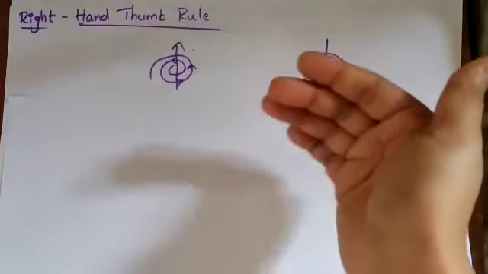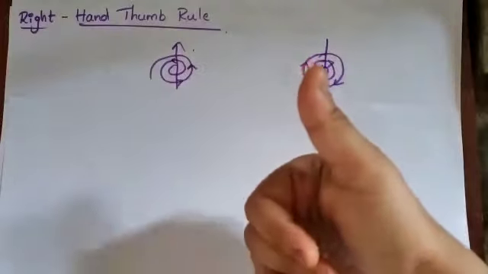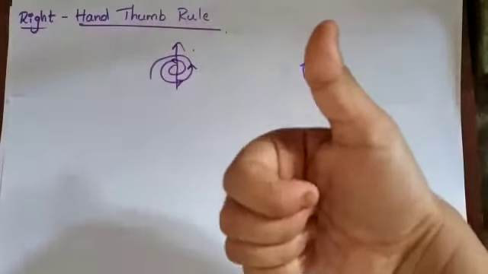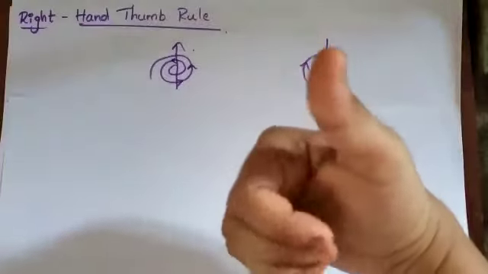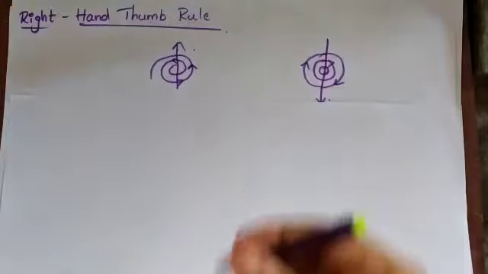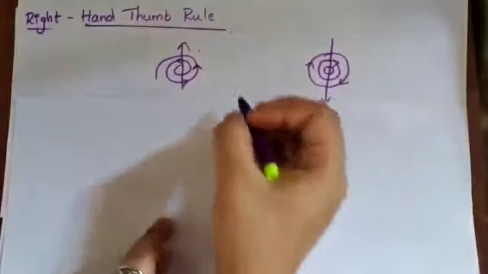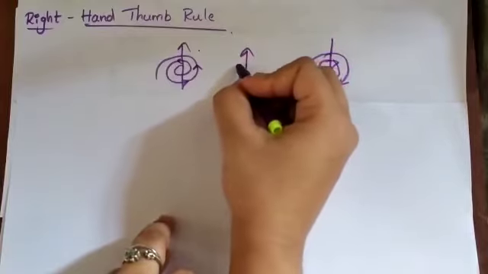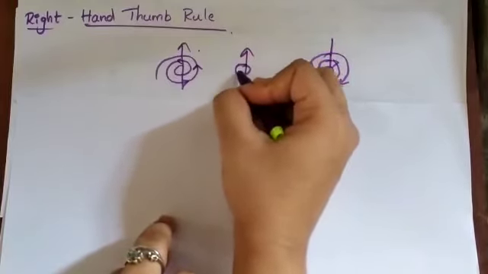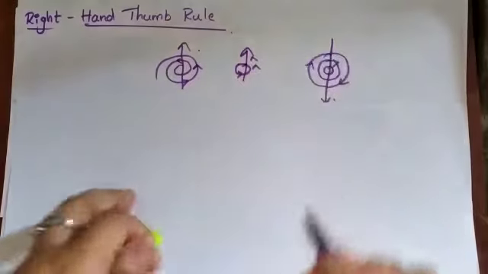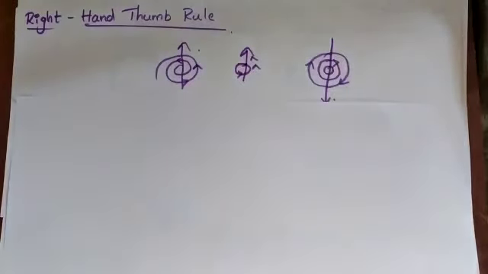So when the current is flowing here in the upward direction, the magnetic field lines will be in the anti-clockwise direction, like this. Okay, the same direction I have shown here. When the current is flowing in this direction, the magnetic field lines will be moving in anti-clockwise direction.